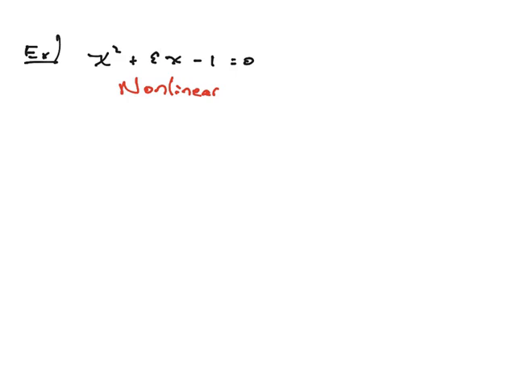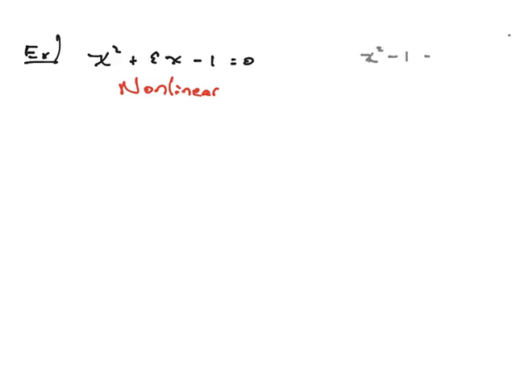Obviously it's nonlinear, there's an x squared there, but let's just say this is the nonlinear guy. And I happen to know a different equation that's very similar that I can solve very easily. Let's pretend this black one I can't solve. I don't know how to solve it, but I do know how to solve this guy over here.